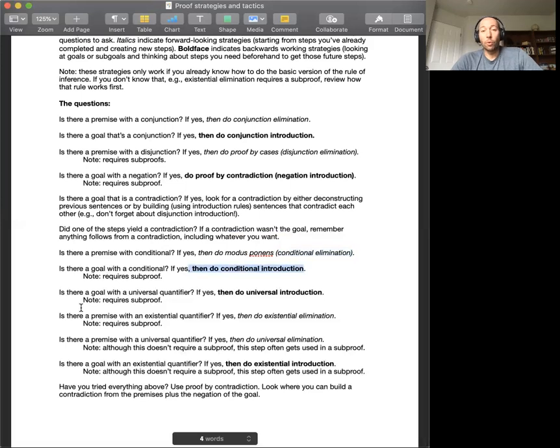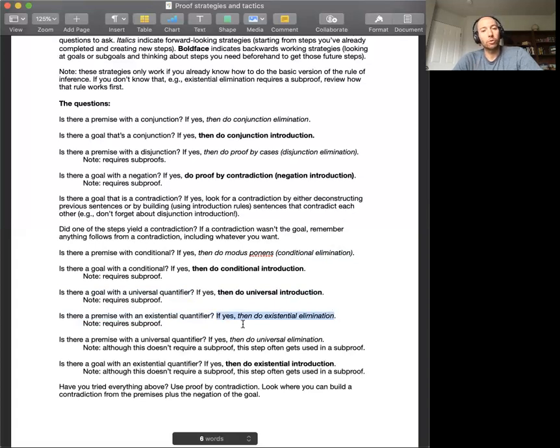Okay, so here are the four questions you should ask once we have quantifiers. It's important to remember these other questions above before you start getting to the quantifier questions. Is there a goal with a universal quantifier? Then you should do universal introduction, and remember that that actually requires a subproof. Is there a premise with an existential quantifier? If yes, then you should do existential elimination.